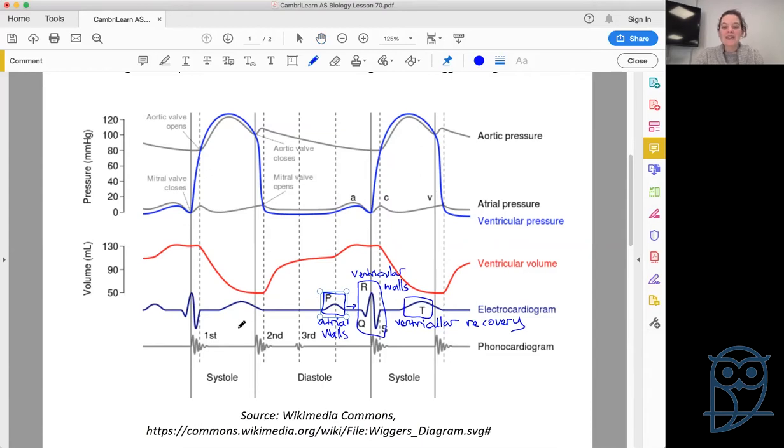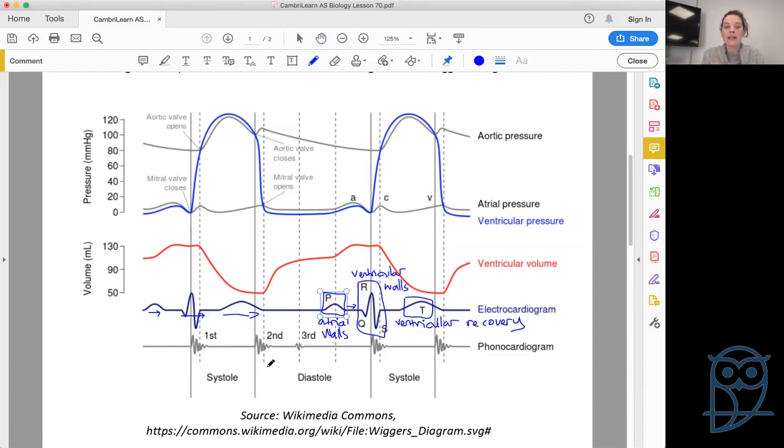Okay, so electrocardiogram. We can see the atrial walls, we can see the ventricular walls, we can see the ventricular recovery. And then it all starts again. So if we go to this piece here that's not labeled, there's our atrial walls, our ventricular walls, our ventricular recovery, over and over again.